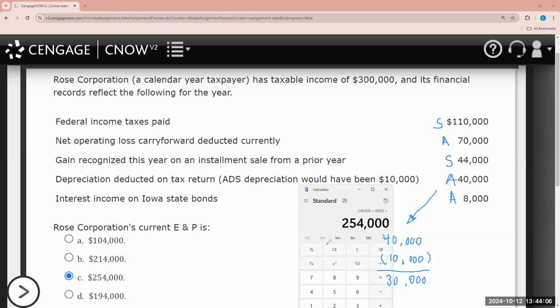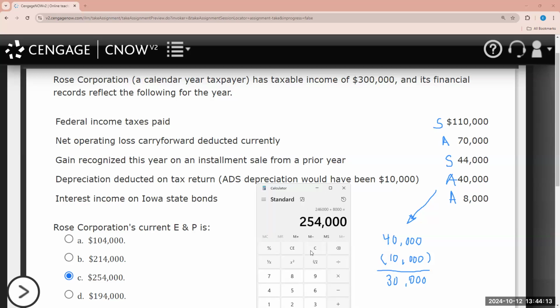All right, so I'm going to run through that again quickly, and then we would be on our last question. So we start off with the taxable income of 300,000. We subtract the 110,000. We add back the 70,000 for the net operating loss. We subtract the gain recognized on the installment sale from a prior year.